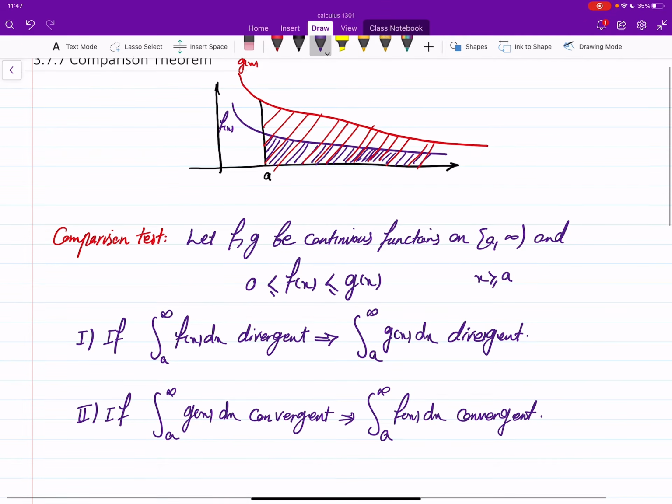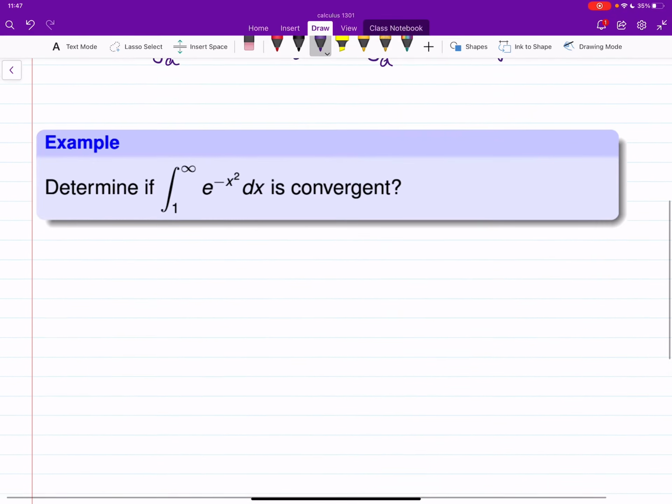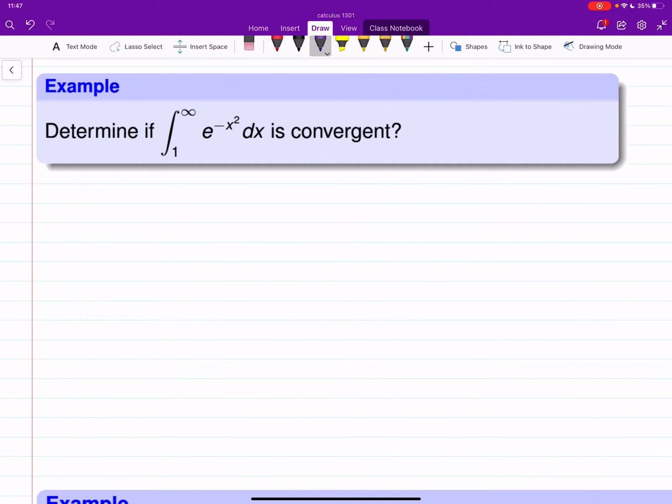Okay, let's see this in some examples, specifically this example here. This function, e to the power negative x squared, is called the Gaussian, a very famous function. An even more famous thing about it is that you cannot find an antiderivative for this function and express it using basic functions that we know: sine, cosine, trig functions, rational functions. There is no such function.